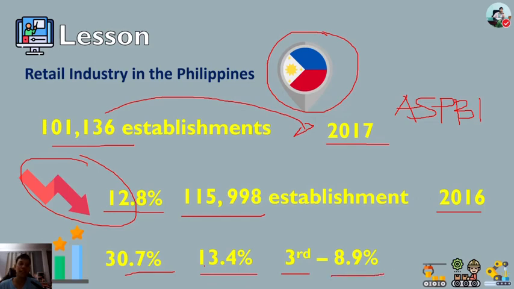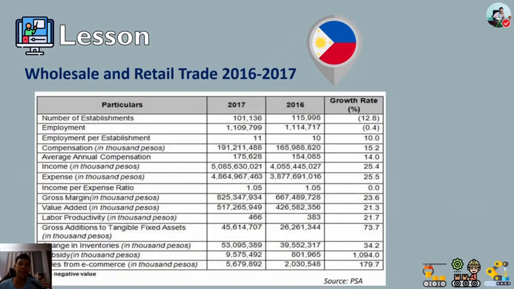Okay, so let's proceed to the wholesale and retail trade for the calendar year 2016 to 2017. So for the particulars, number of establishments, in 2016 there are 115,998, and in 2017 there are 101,136.